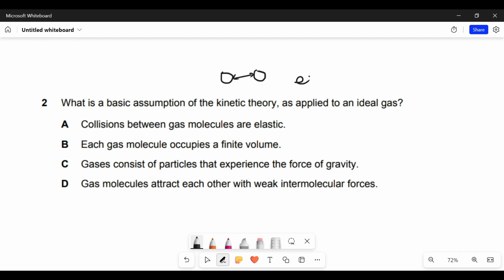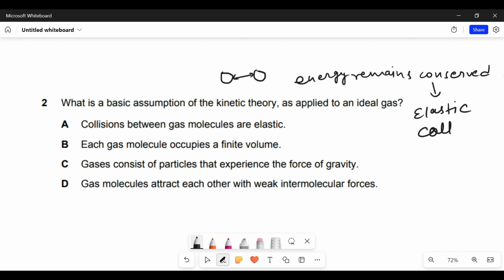That means energy remains conserved. This type of collision is called elastic collision, as you must have studied in physics. So option A is the correct option. The rest of the 3 options are incorrect for an ideal gas.